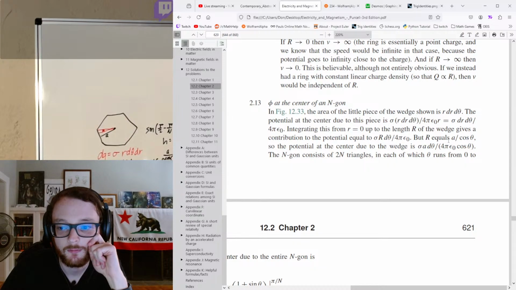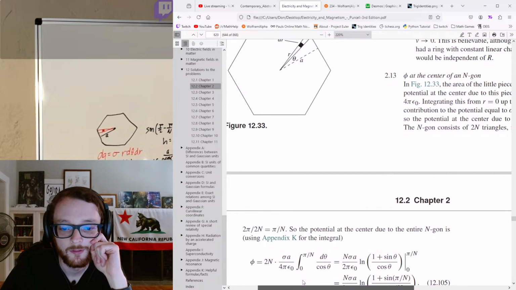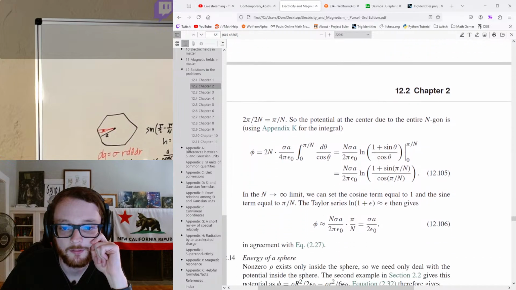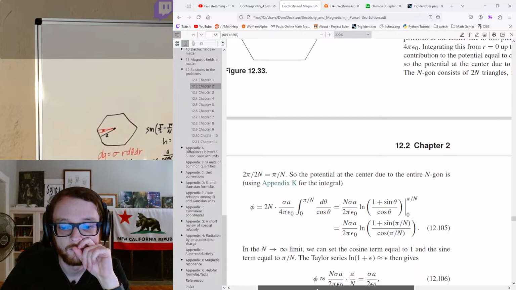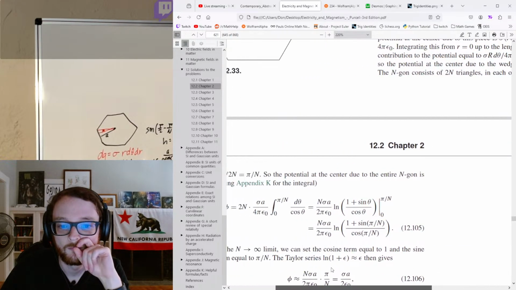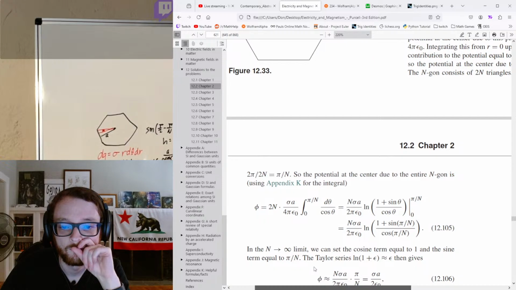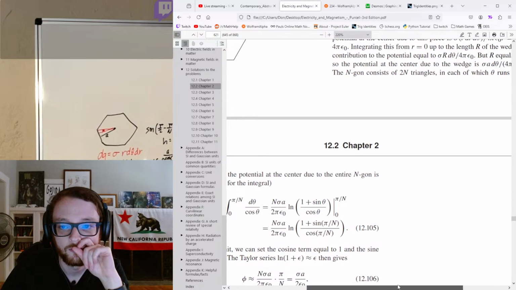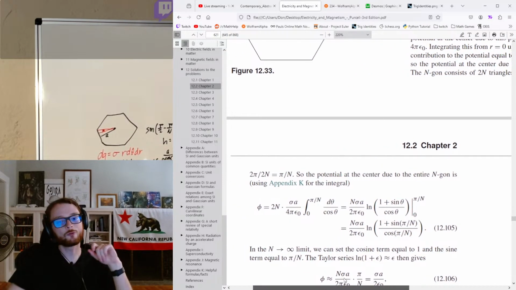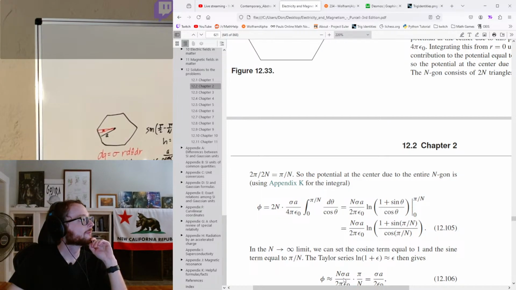Oh, they don't figure out what theta is yet, I guess. Okay, yeah. Now they get pi over n. Wait, two n triangles. An n-gon consists of two n triangles. Oh, they're talking about right triangles, not isosceles triangles like I was making. Okay.